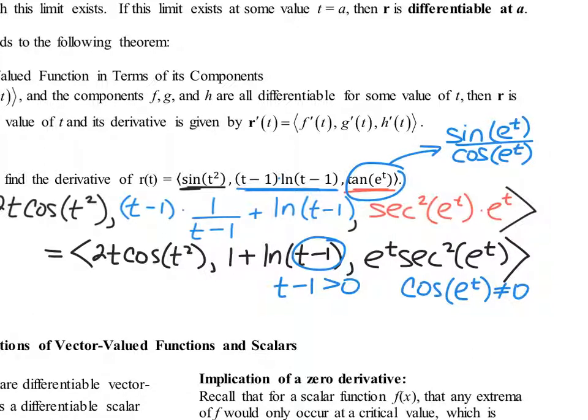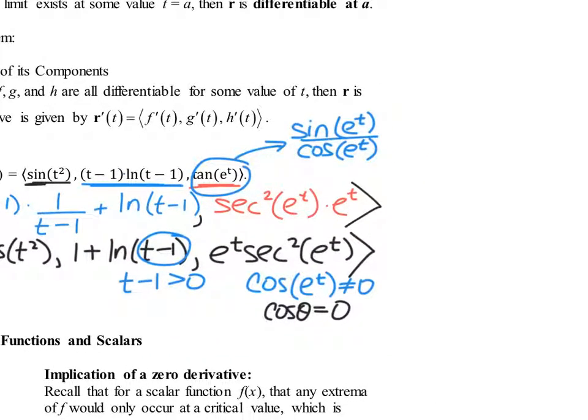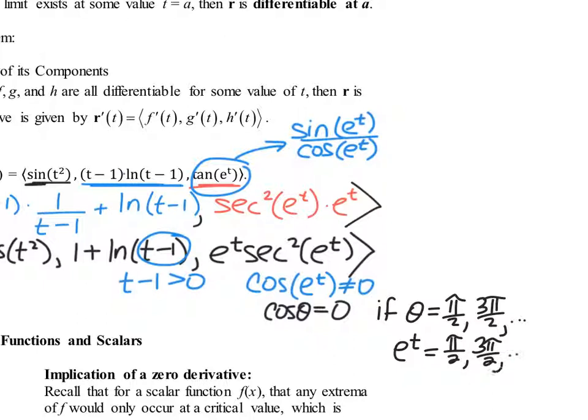So what I'm looking for, because again, cosine of theta is equal to 0 if theta is equal to pi over 2, 3 pi over 2, etc. I just need to know when e to the t would be equal to pi over 2, 3 pi over 2, etc. Because the other part's easy.